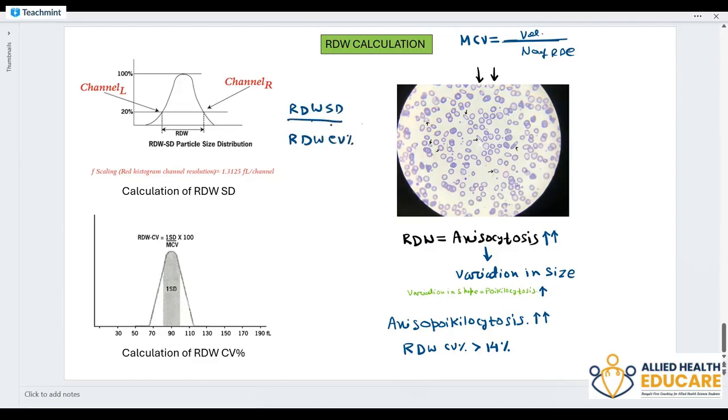Two values represent the variation. If you know quality control very well, then you can understand it very well. The standard deviation means the variation between the values, and CV percentage is the percentage of standard deviation in terms of mean. We have to consider only the CV percentage, not the SD value.